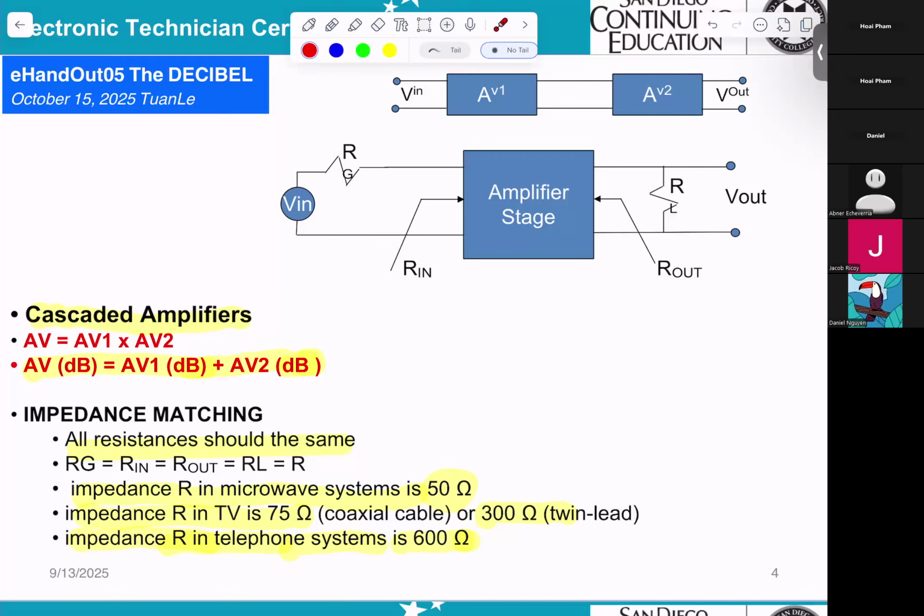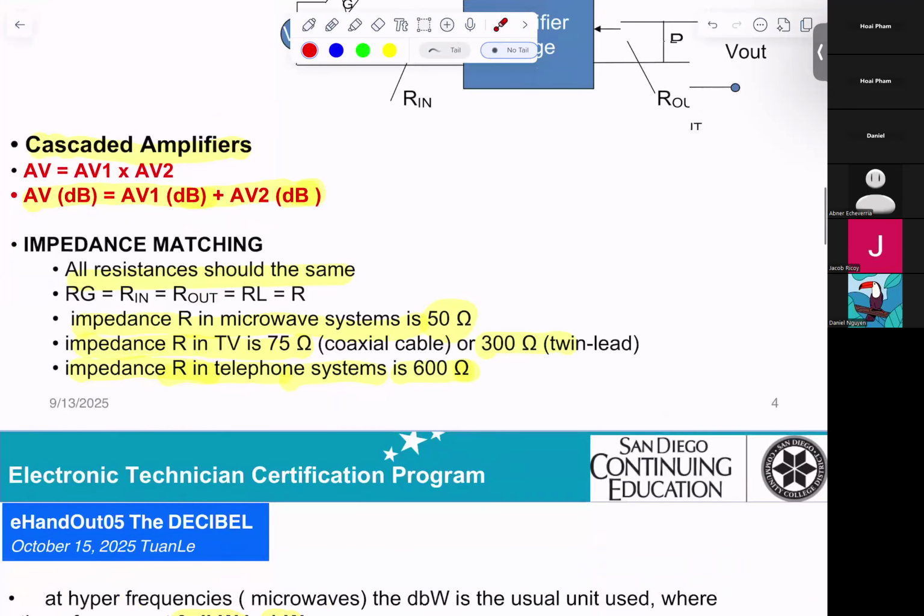Equal R. Impedance R in a microwave system is 50 ohm. R in TV is 75 ohm coax cable or 300 ohm twin lead. Impedance R in a telephone system is 600 ohm. Okay.